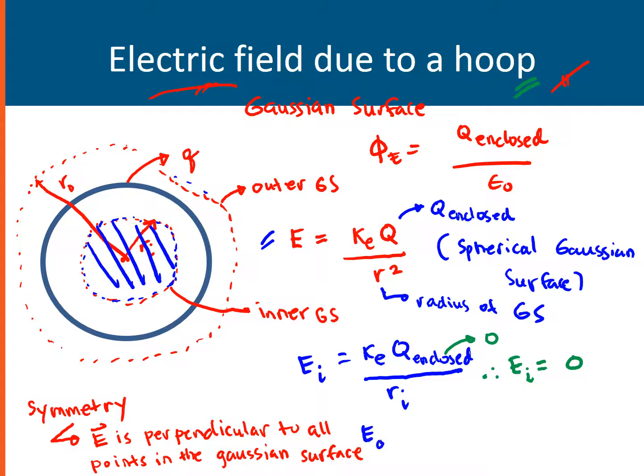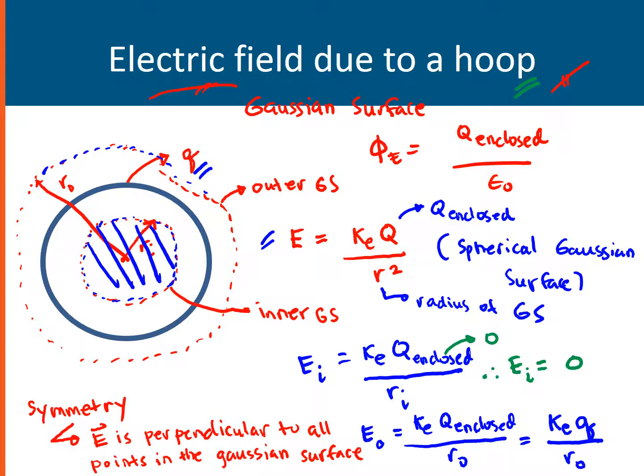However, if we look at the electric field outside, which we call EO, meaning the electric field outside the hoop, that is equal to Ke Q enclosed over RO squared. In fact, our Q enclosed is just equal to Q, so the electric field outside is just equal to Ke Q, which is the charge enclosed by the outer Gaussian surface, divided by RO squared.